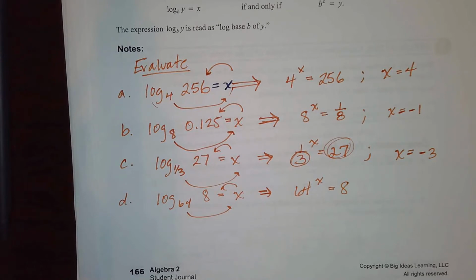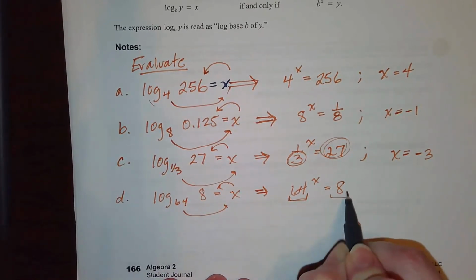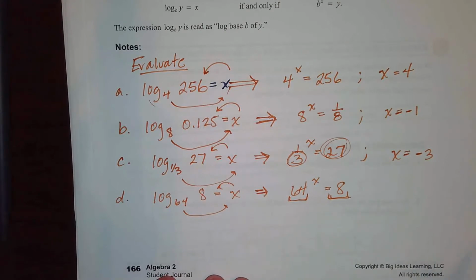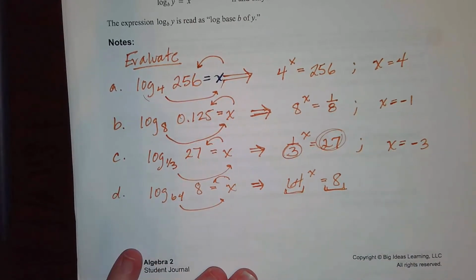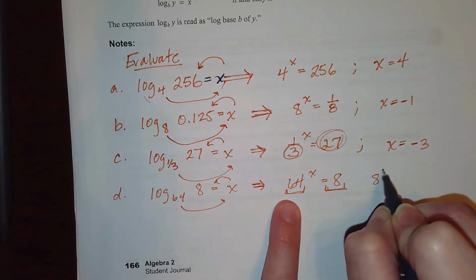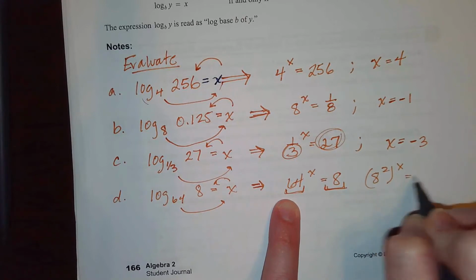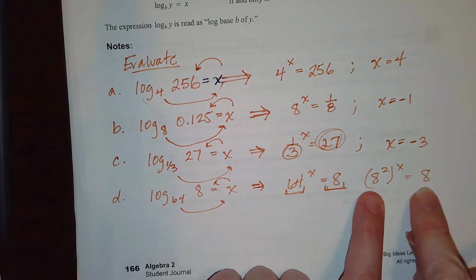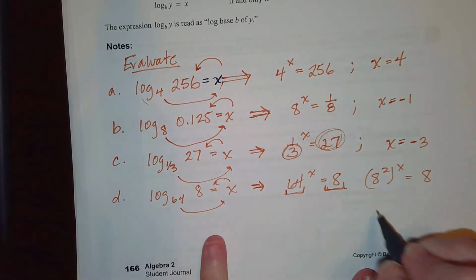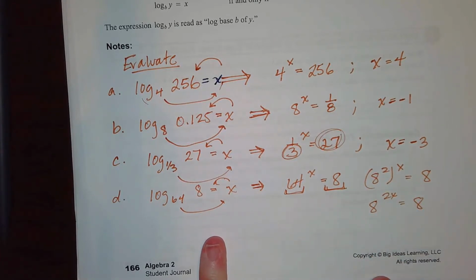And so you might have remembered when we did this in our exponent unit, I think it was Unit 5, we talked about how we could change these bases so that they have the same base, so that we could evaluate them. What I mean by that is I can rewrite 64 as 8 squared. And then if I do that, now they both have a base of 8. So now I have 8 to the 2x equals 8.